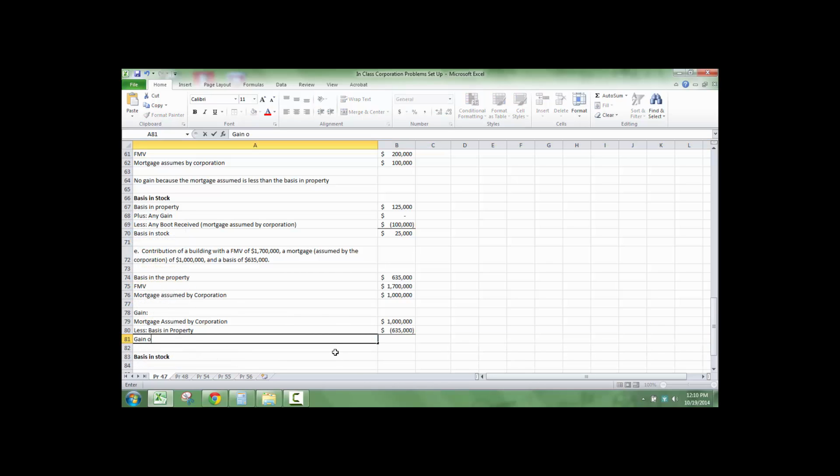So gain equals the sum of these two things.